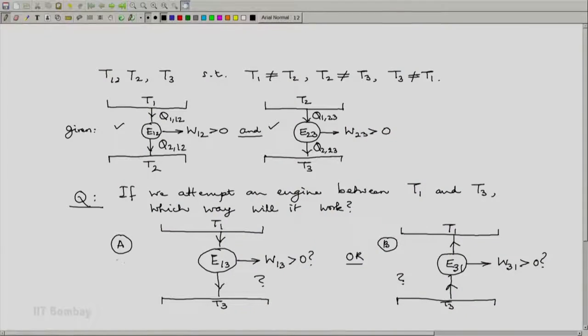Since we have already gone through such exercises, I will leave it to you to show that the first option leads to no inconsistency. We will now look at the second option. What we will do is we will lay out the 3 reservoirs like this, T1, T2, T3.